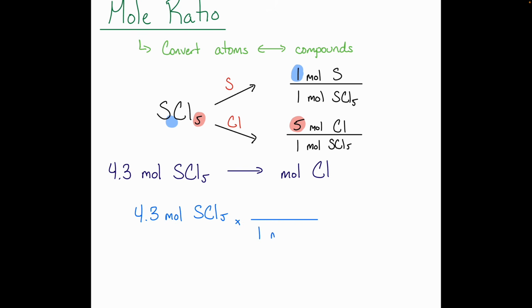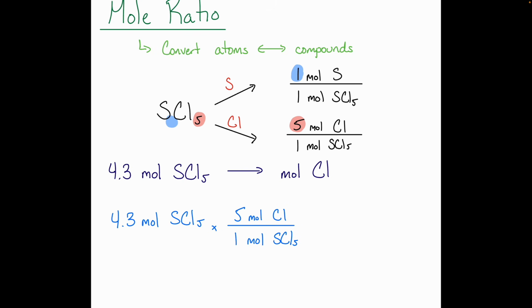I know that 1 mole of SCl5 contains 5 moles of chlorine. And notice that this works just like all of our other conversion factors. Our units cancel out. We're left with those units that we want. I'm trying to get rid of moles SCl5 and be left with moles of just chlorine.